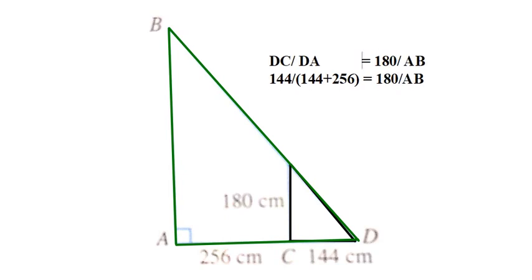So 144 over 400 equals 180 over AB. With cross cancelling and applying the algebraic concept, we will have AB equals 500 centimeter.